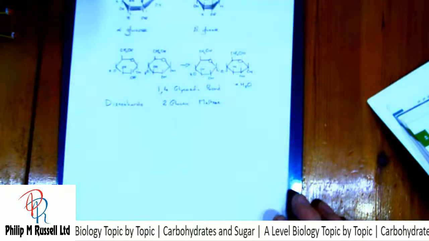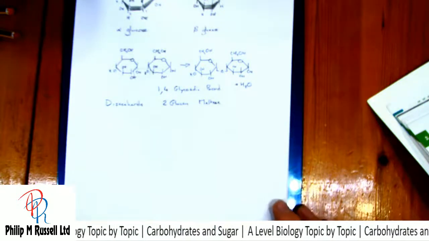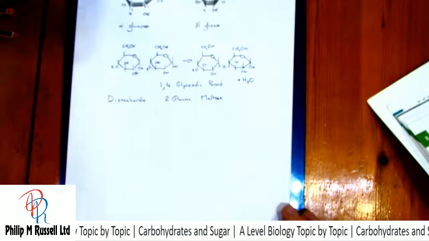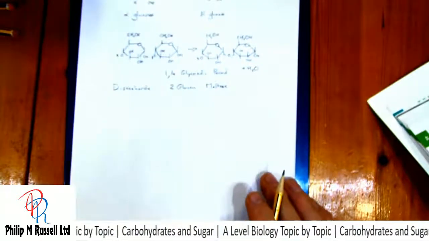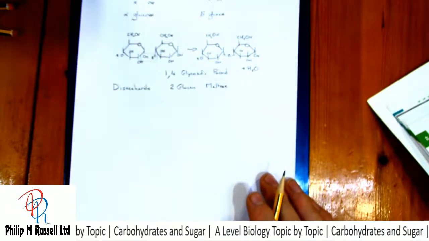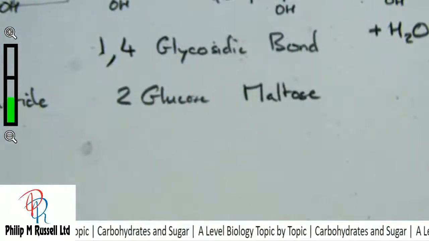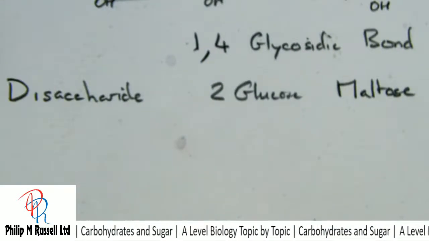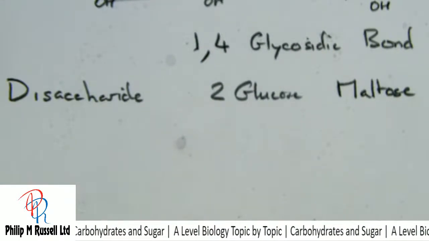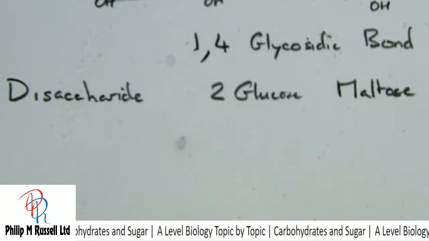Now I didn't do that on the space filling model because really it's very difficult to try and see what we've got. We have quite a lot of these disaccharides. We've got a whole variety of them. So we've got 2 glucoses that are called maltose, but we've got some other ones that you ought to be familiar with.